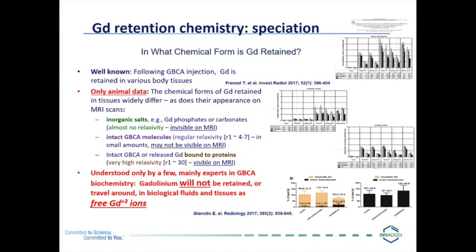While it is important to know whether gadolinium is retained in body tissues, it is even more important to understand in what chemical form gadolinium is retained. Because the physiological environment in which the GBCAs are present is chemically very diverse, a range of different potential species can be expected.